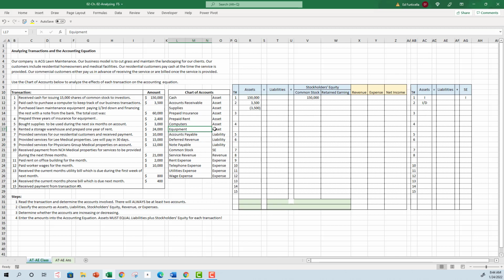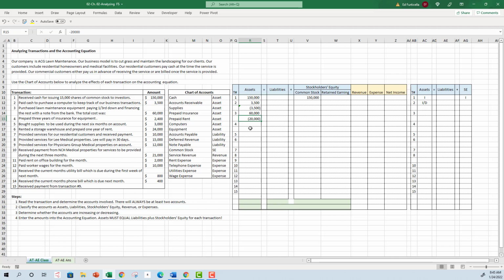Our cash, which is an asset, is decreasing by $20,000. And the reason for it being $20,000 is because we made a down payment of 1/3. 1/3 of $60,000 is $20,000. Notes payable, which is a liability, is increasing by $40,000.